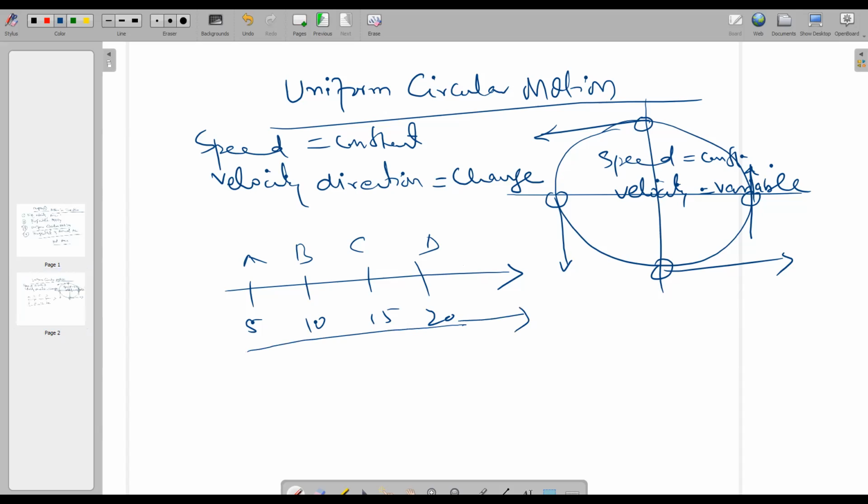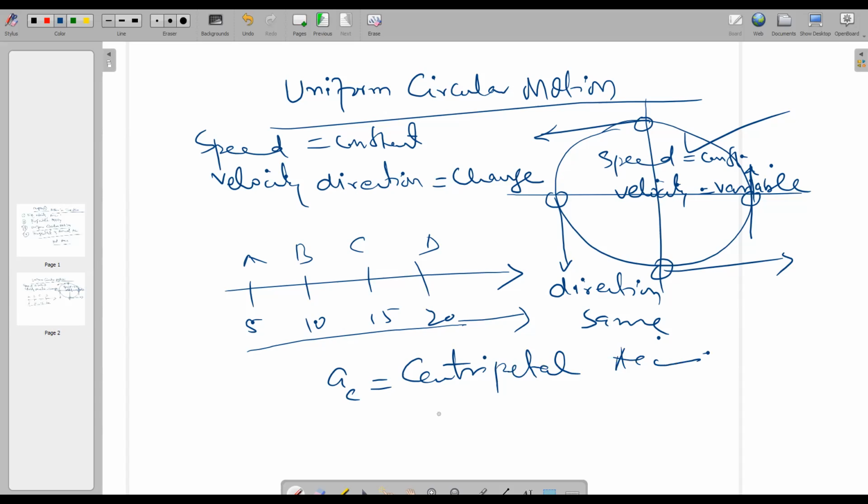Increasing means this number is changing, but the direction is the same. But in this case, the direction is changing, but this number is constant. So either the number is changing or the direction is changing, there will be acceleration. But in this case, that acceleration is called ac, and ac means centripetal acceleration.